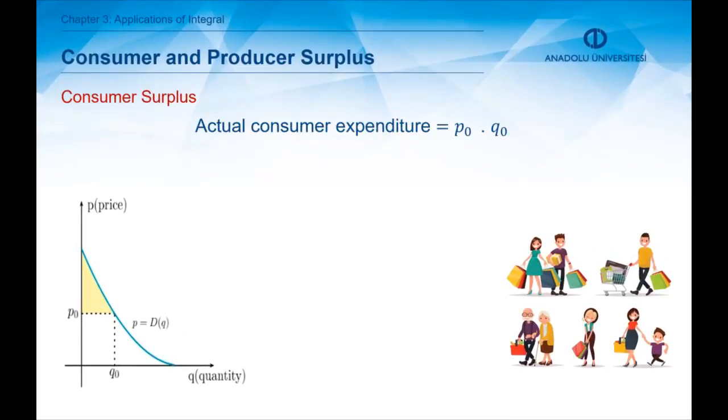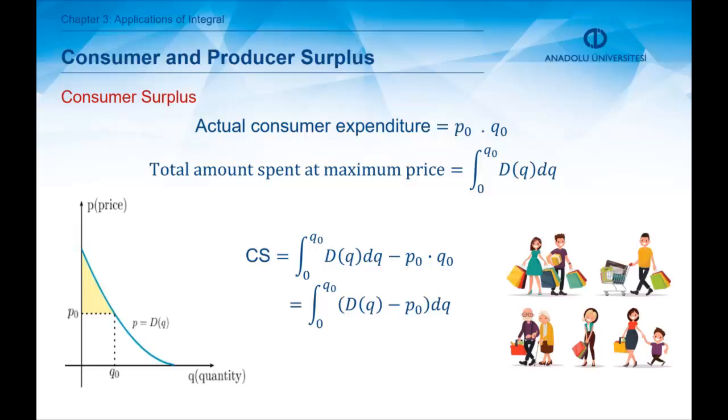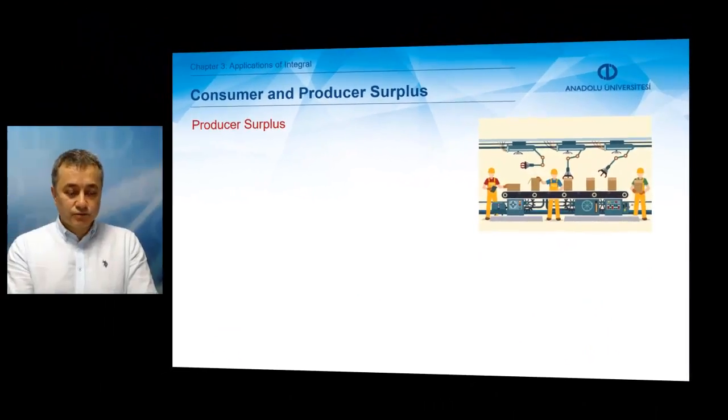The actual consumer expenditure is P naught times Q naught, and the total amount spent at the maximum price is denoted by this integral, the area under the demand curve from 0 to Q naught. So the consumer surplus is this yellow shaded area, which is the difference of the total area under the graph of the demand function minus the actual consumer expenditure. This amount, which may be big or just little, is called the consumer surplus.